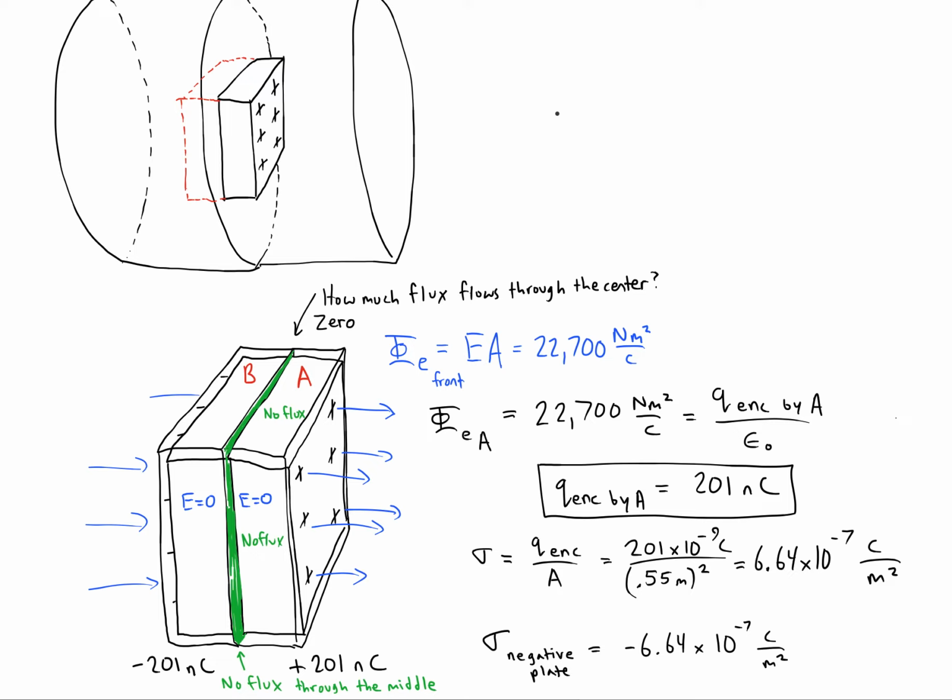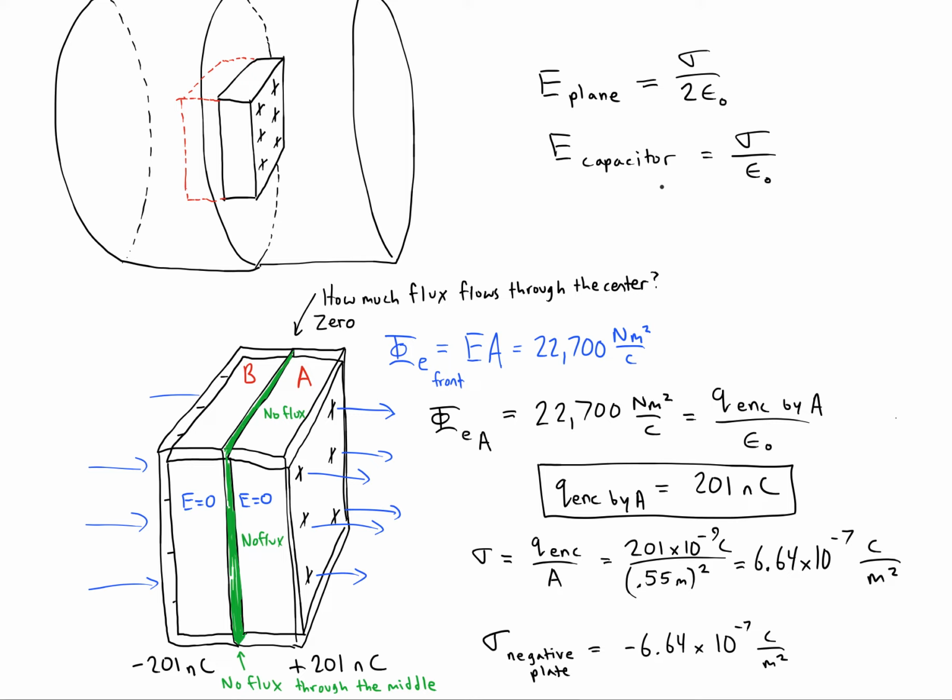Previously, we had said that the electric field due to a plane would be given by the formula sigma over 2 epsilon naught. We also said that the electric field due to a capacitor would be sigma over epsilon naught. This piece of copper becomes like a capacitor, but it has material between its faces.